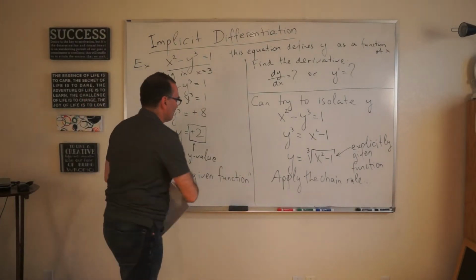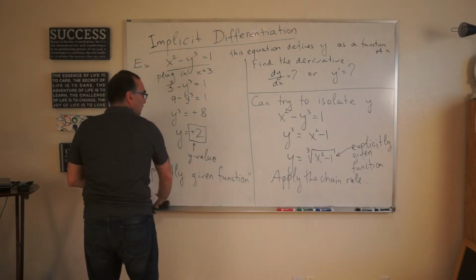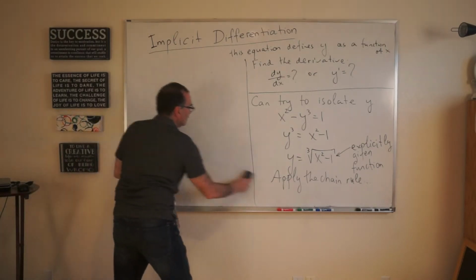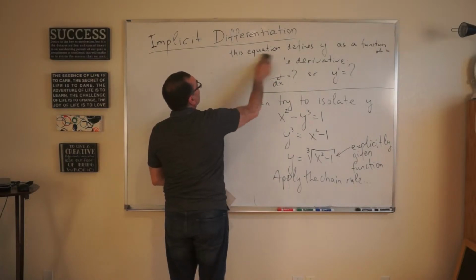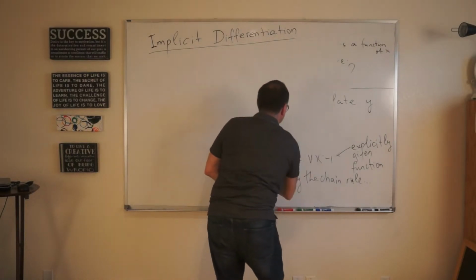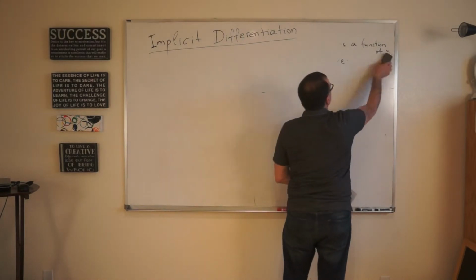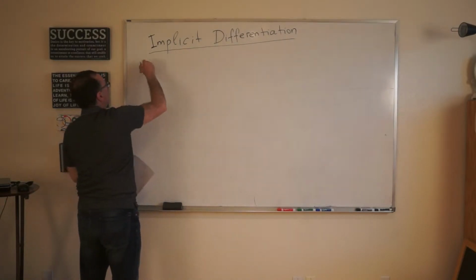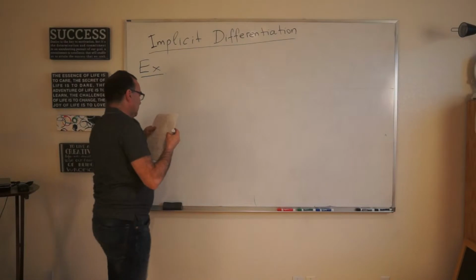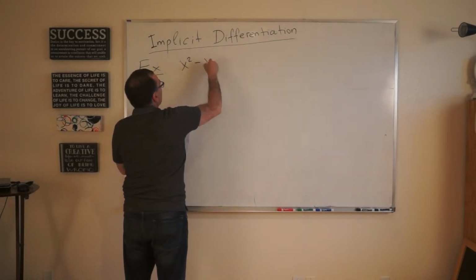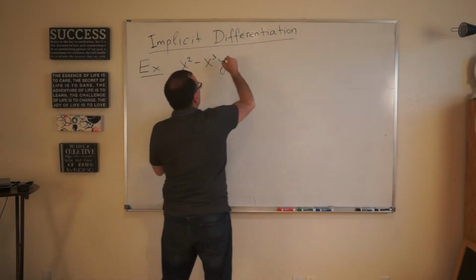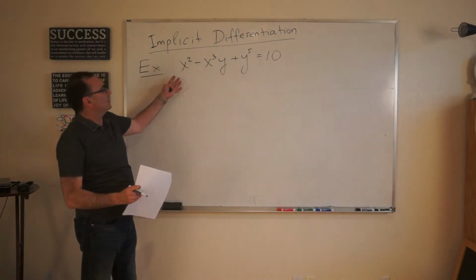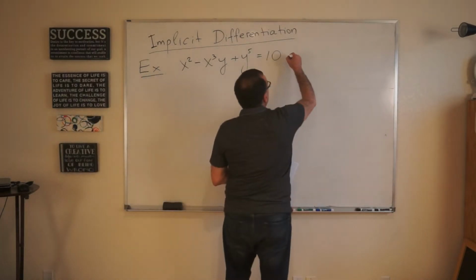So here's an example. x squared minus x cubed y plus y to the power 5 equals 10.